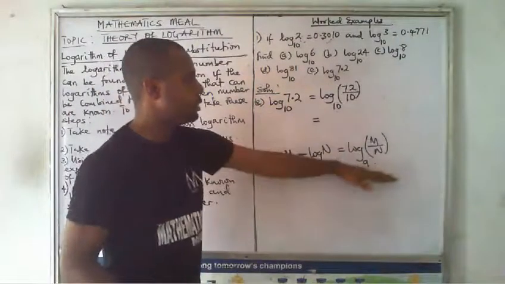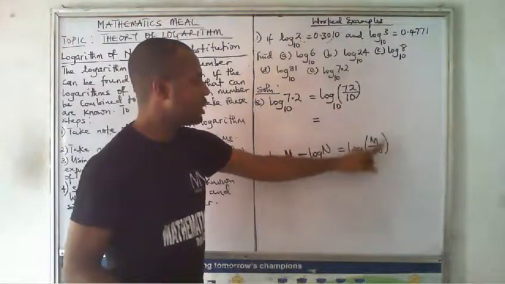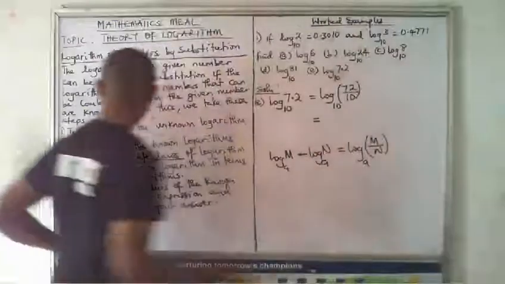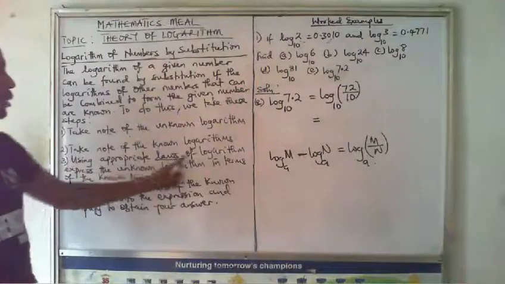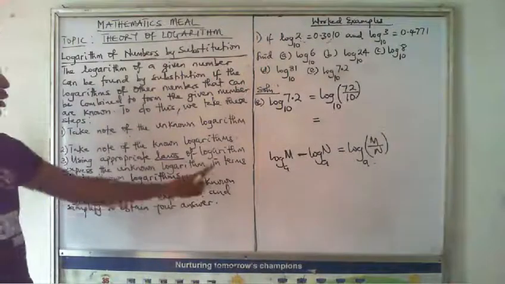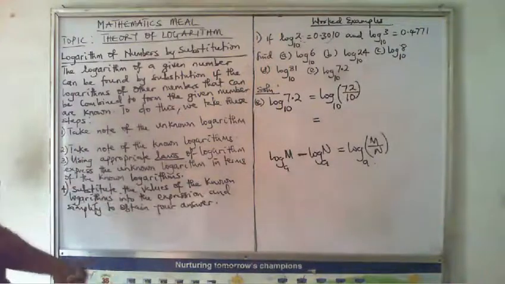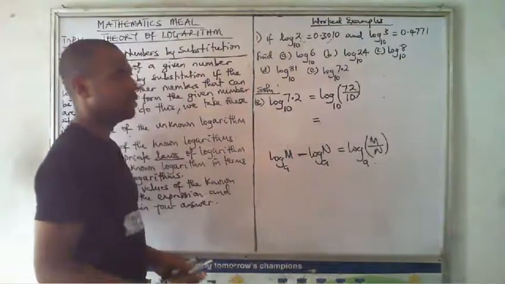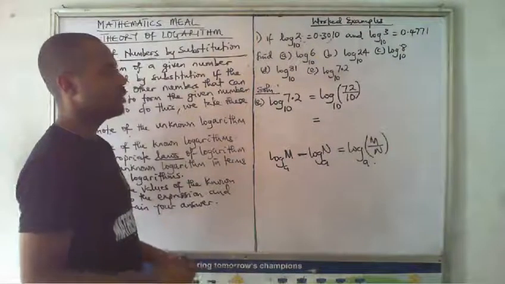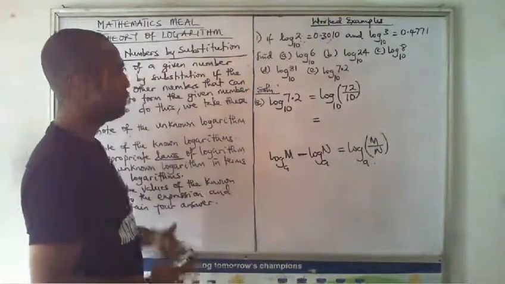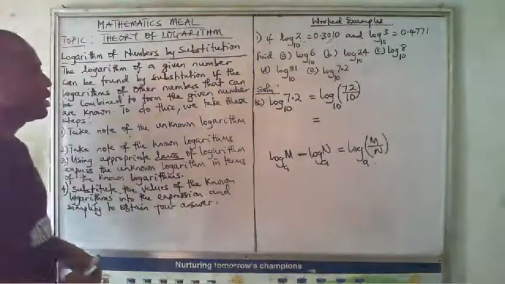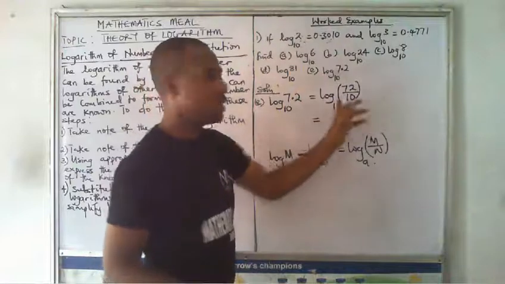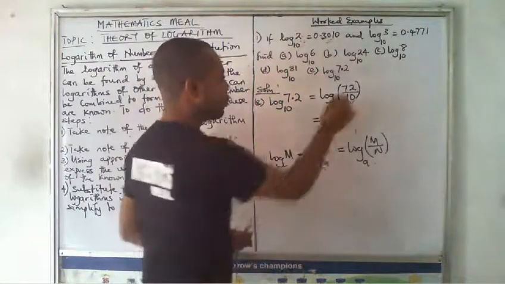So 72 is now m and 10 is n. So this is already in this form. Remember, we are taking our steps. They say using appropriate laws of logarithm, express the unknown logarithm in terms of the known logarithm. So that's what we are trying to do here. Which law can actually break this? This is the law.